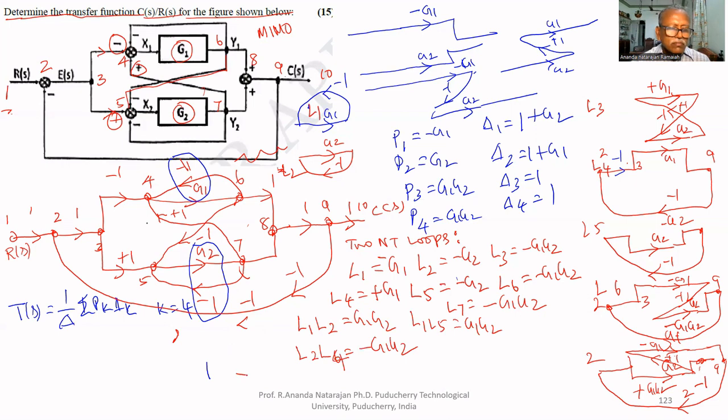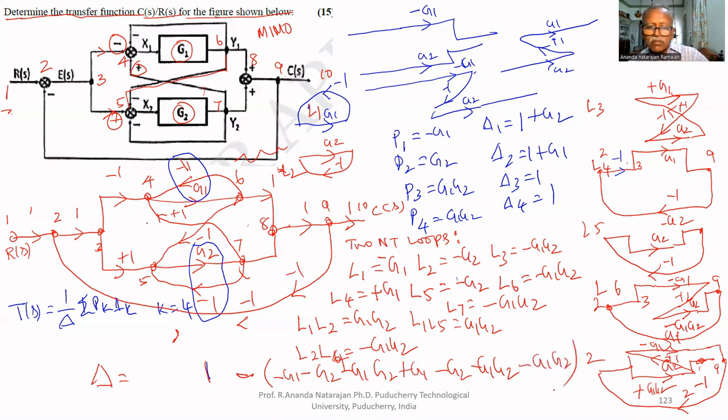Therefore, delta equals 1 minus, minus G1 minus G2 minus G1 G2 plus G1 minus G1 G2. L3, L4 is plus G1, L5 is minus G2, L6 is minus G1 G2, L7 is minus G1 G2.